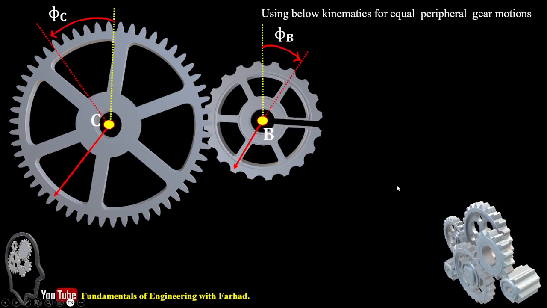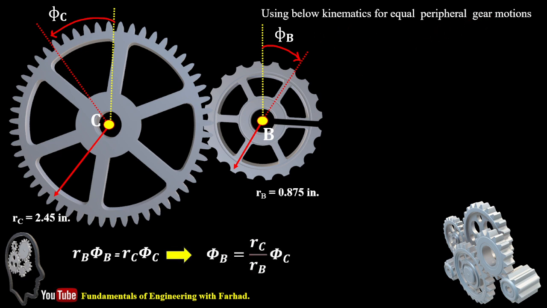As soon as we have that, by using the kinematics for equal peripheral gear motion, what does it say? It says the travel distance between the two gears remains the same at both sides. So RB times VB is exactly the same amount as RC times VC. Contact travel distance remains the same, and that's based on the kinematics of mutual motion between these two gears.